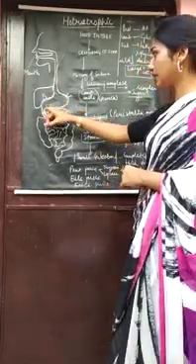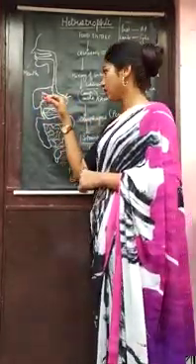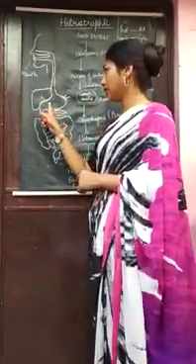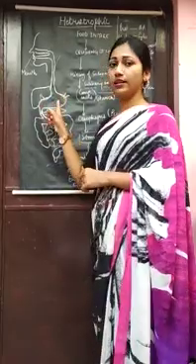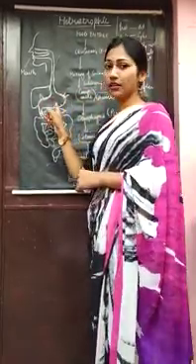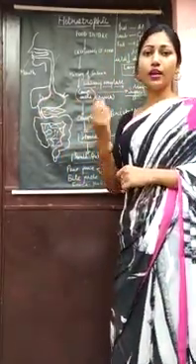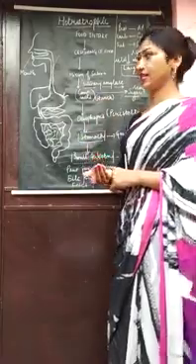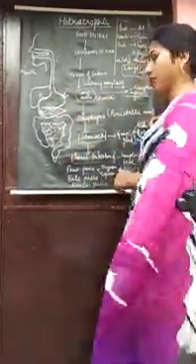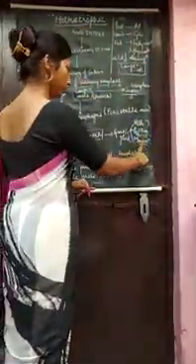When food comes inside, the stomach is a large, bag-like structure. Its inner lining is covered with mucus, and this inner lining also contains small pits. These small pits are called gastric pits. From these gastric pits, lots of digestive enzymes are secreted. These are HCl, pepsin, and mucus.